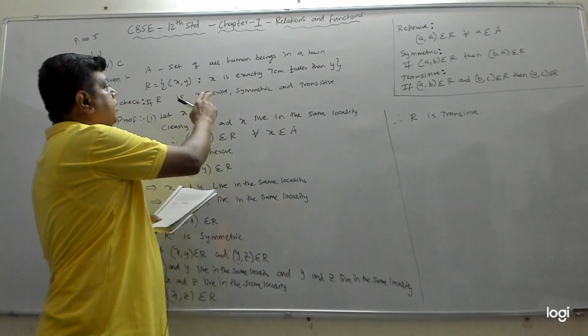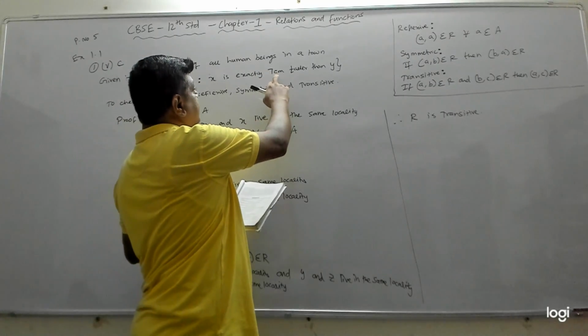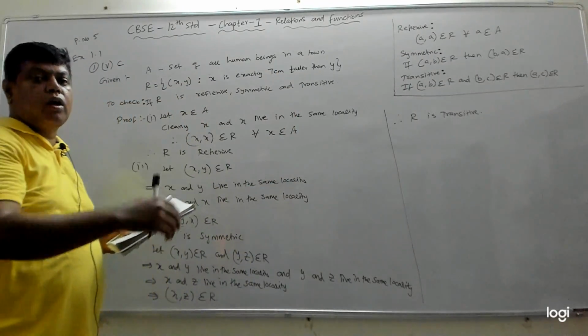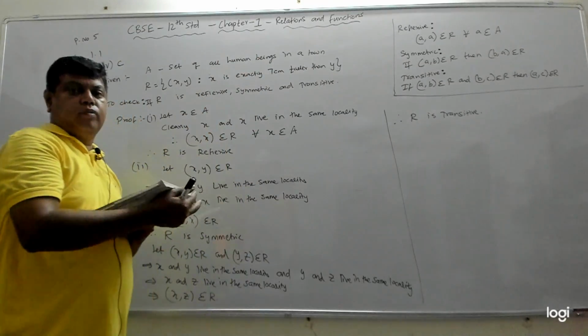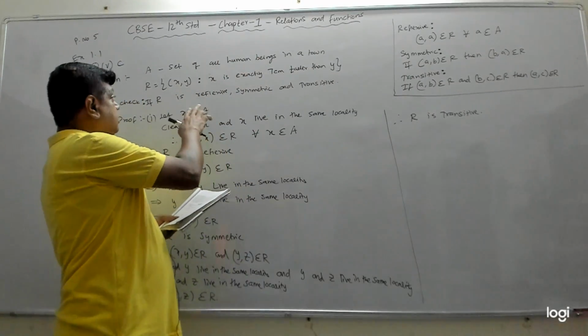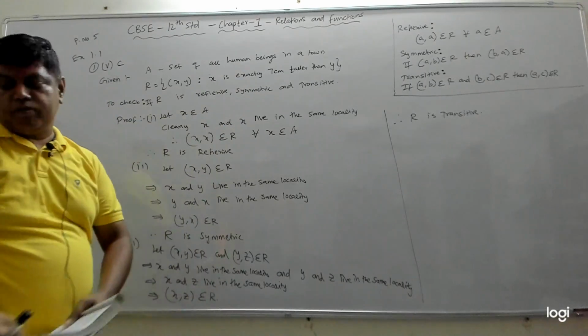Two people are related if one person is exactly 7 centimeter taller than the other person. Now we have to check whether R is reflexive, symmetric and transitive.